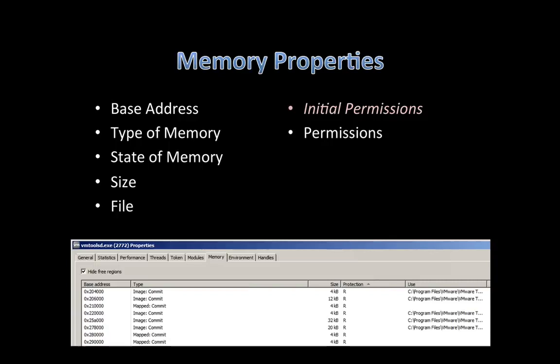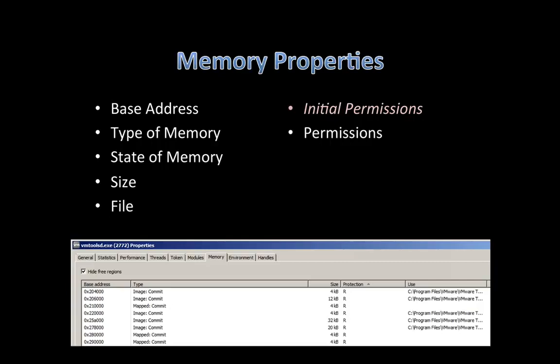What about memory? Well, with memory, you have the base address. You have the type of memory. Is it a file on disk mapped to a location in memory? Is it memory we just happen to allocate for regular use? What is the state of that memory?